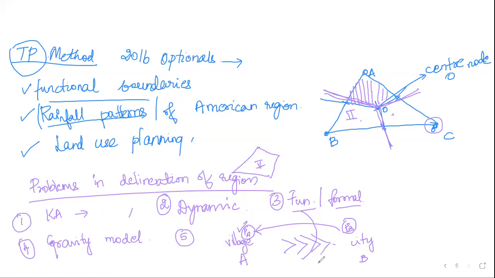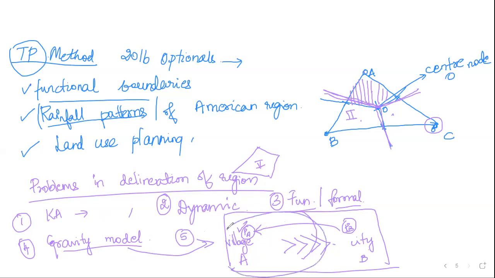This village A has greater population than city B. City B has good education facilities, excellent hospital facilities, but the population is less. Maybe it can be an agrarian country which is slowly developing. In that case, if I am using this gravity model, which place will have greater attraction? It is A.